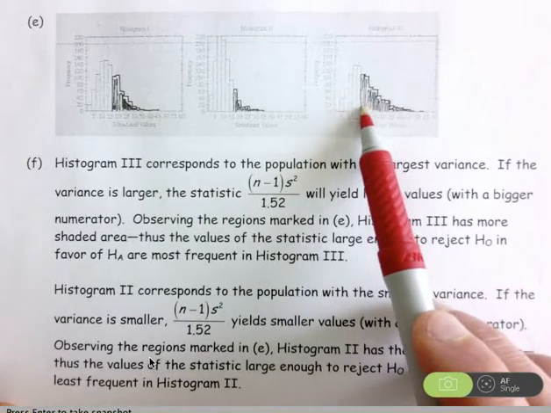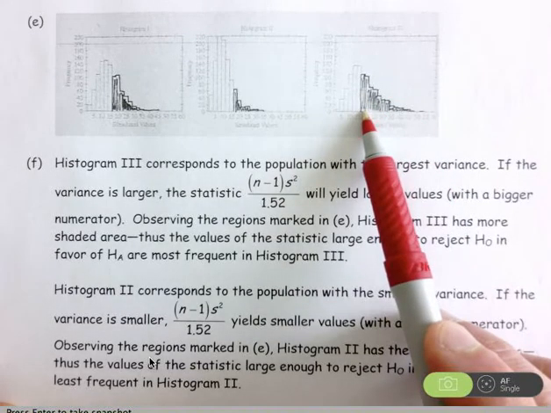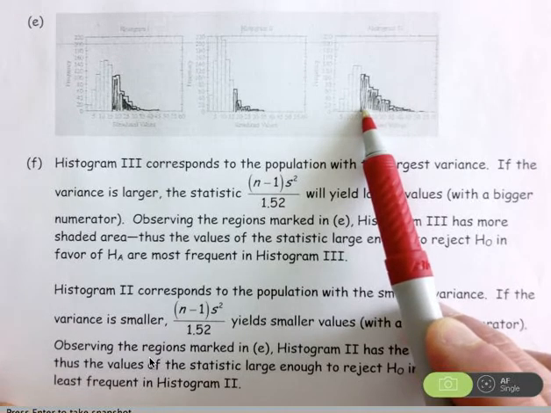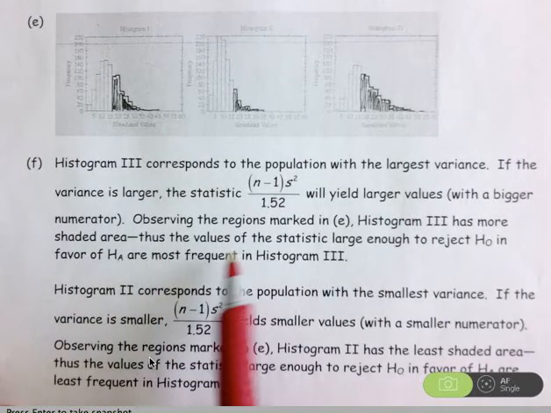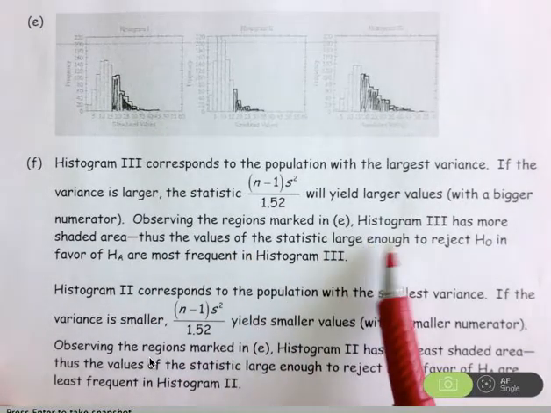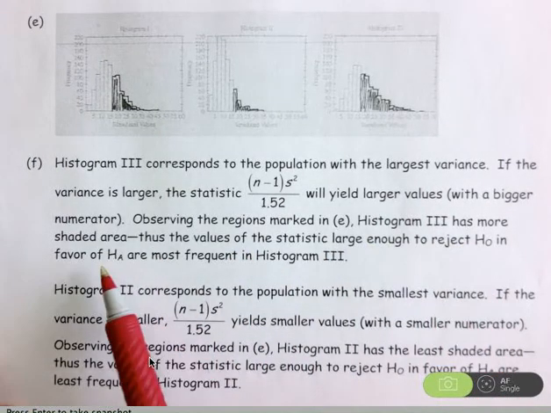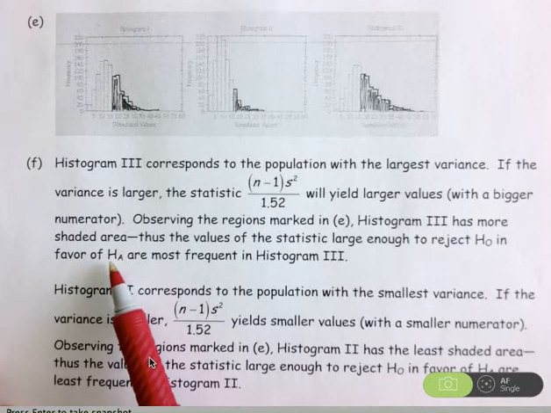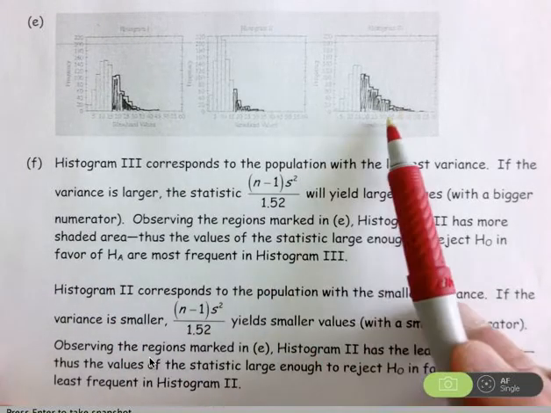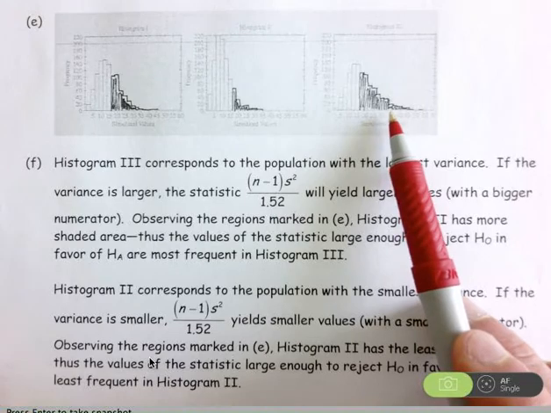So in other words here, this shaded area, those represent critical values at which we would be rejecting the null hypothesis. So thus, the values of the statistic are large enough to reject the null hypothesis in favor of HA. Those values are more frequent in histogram 3 because the shaded area is greater there.